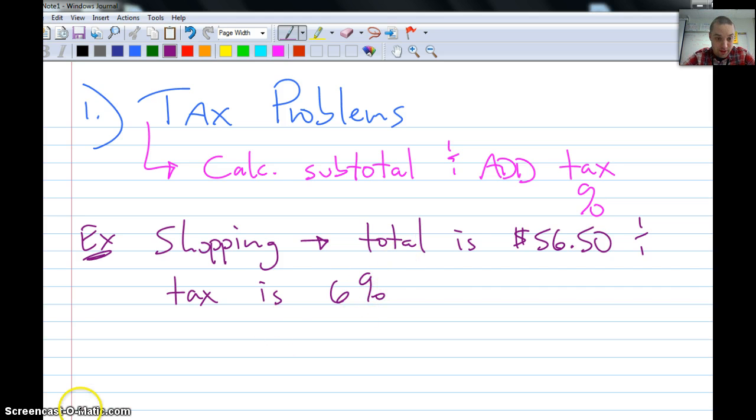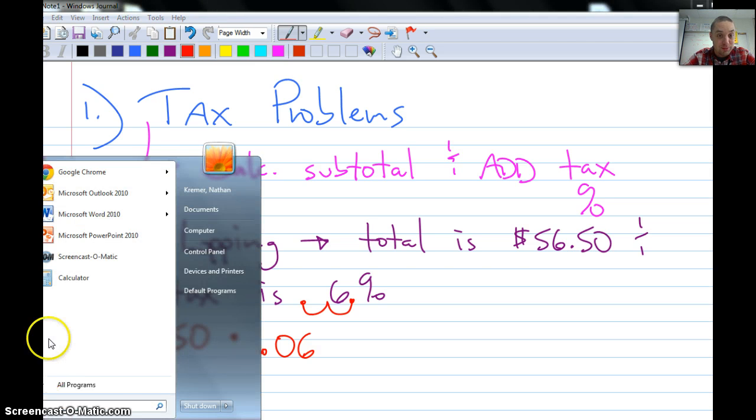So here's what you have to do for that. Our subtotal is already calculated at $56.50. So we've got to take $56.50 times 6% as a decimal. So our decimal's here. We've got to go swoop, swoop, making this 0.06. Carefully get the 0 in there. If it was 0.6, that would be 60%.